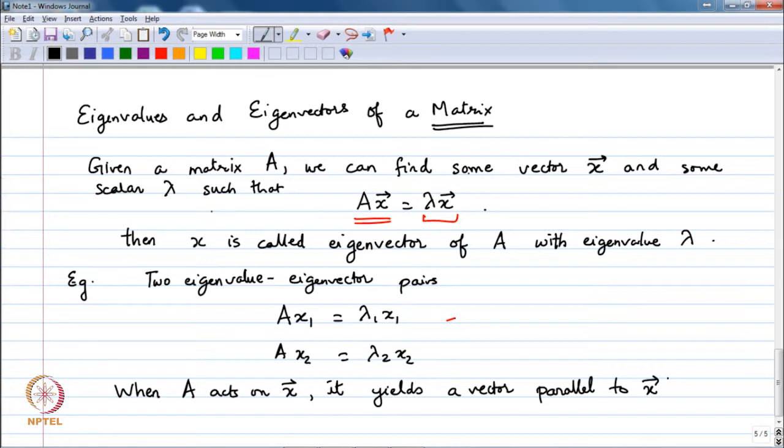So it yields a vector that is in the same direction of X. Okay. So, that is what is meant by an eigenvector and an eigenvalue. So, eigenvectors represents those directions which are preserved.